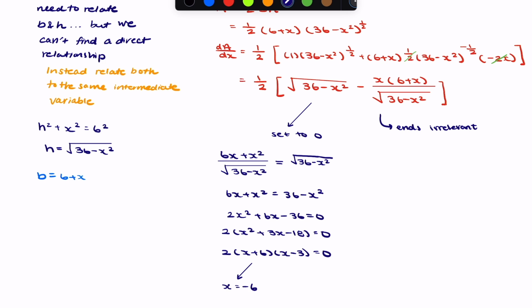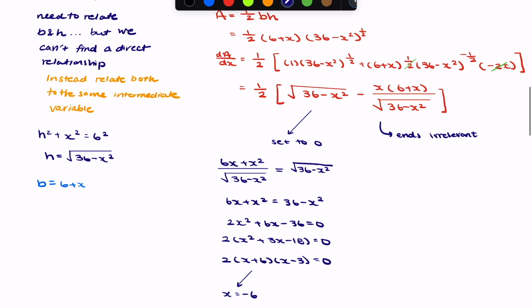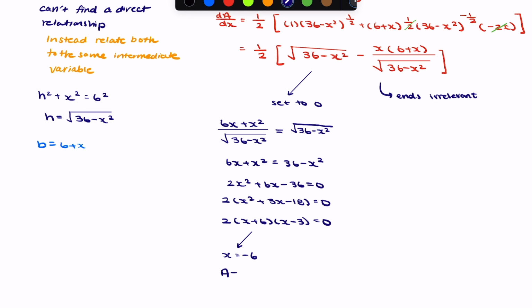But what we notice is if we put negative 6 back into the area formula, where there's a 6 plus x, we'll see that the area is equal to 0. So that can't occur.